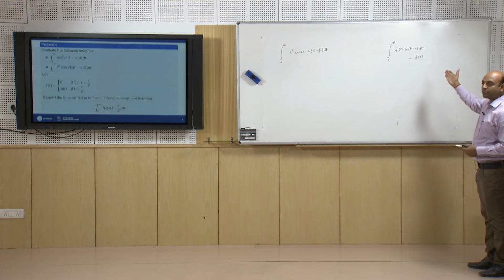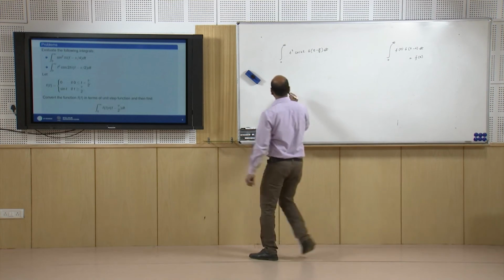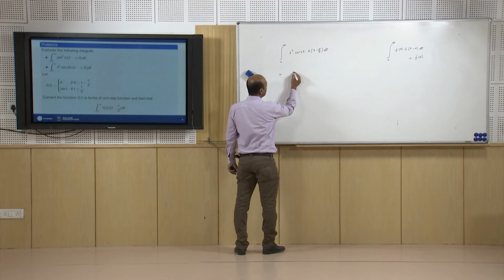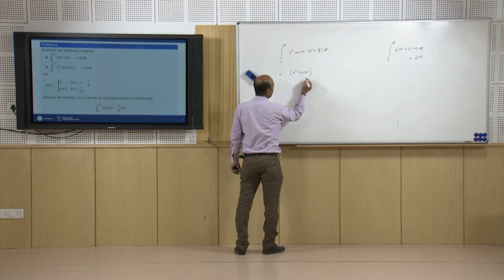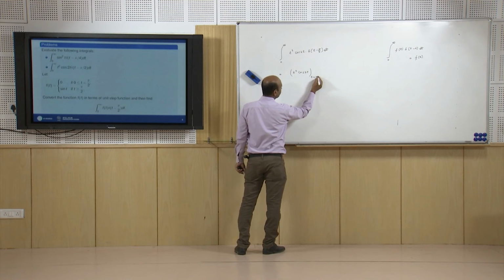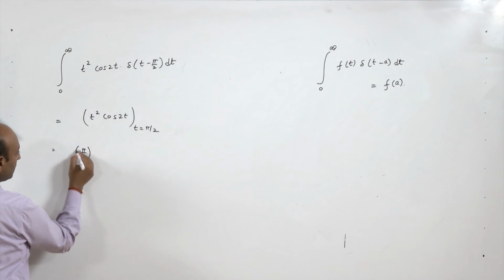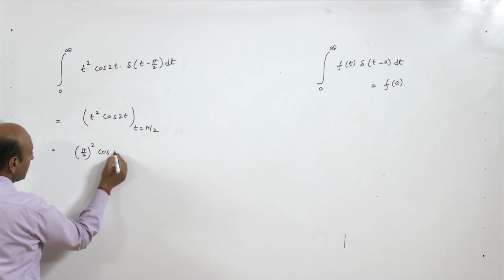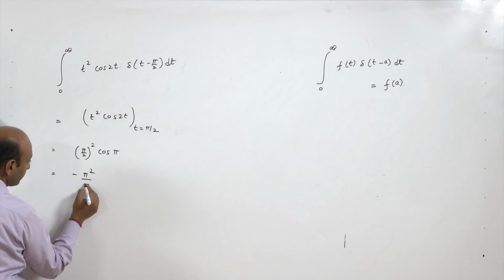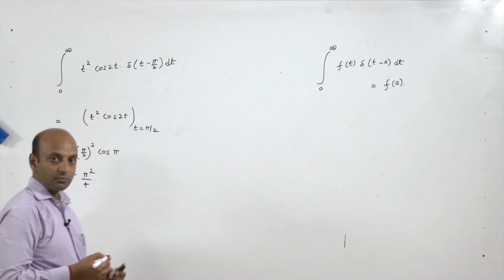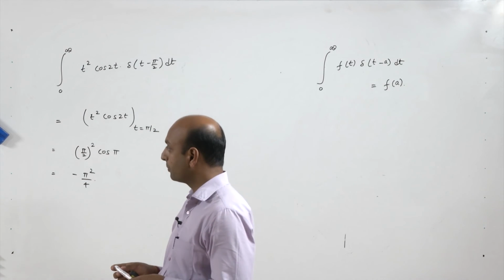So, by using this property, this expression will have the value equal to t square cos 2t at t equal to pi by 2. So, this is nothing but (pi by 2) whole square cos pi, and cos pi is minus 1. So, it is minus pi square by 4.